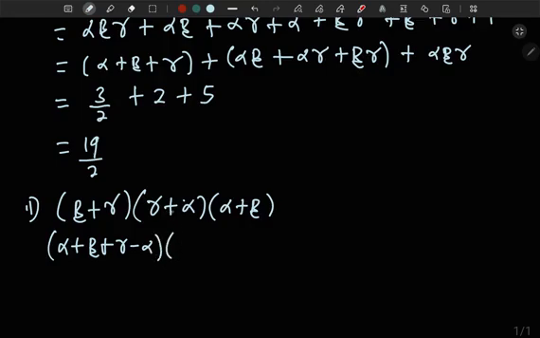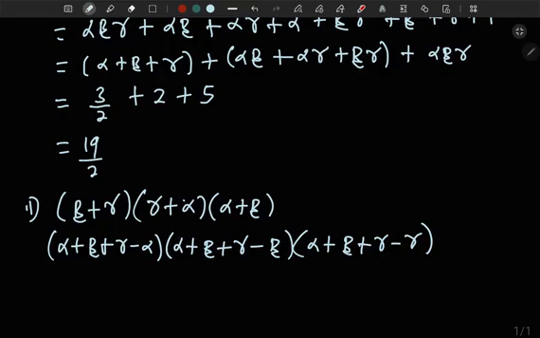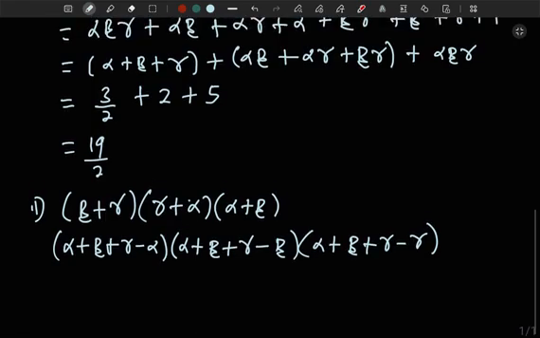In the second bracket, there is no beta here, so we introduce beta, then we subtract that beta. The last one, alpha, beta plus gamma minus gamma. So in each bracket, we eventually subtract the additional term we introduced.